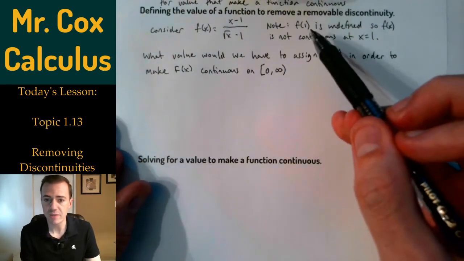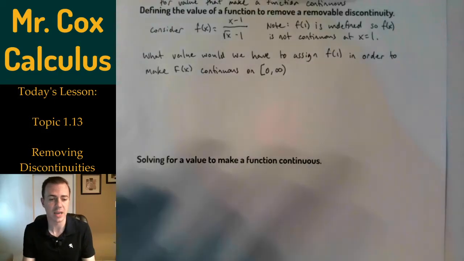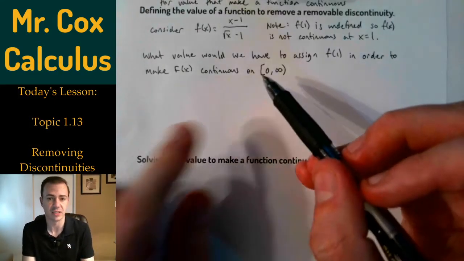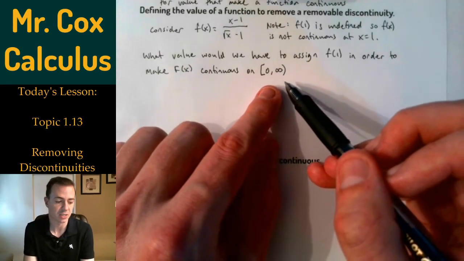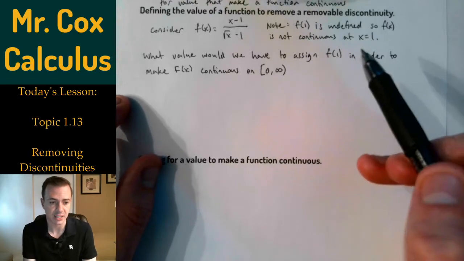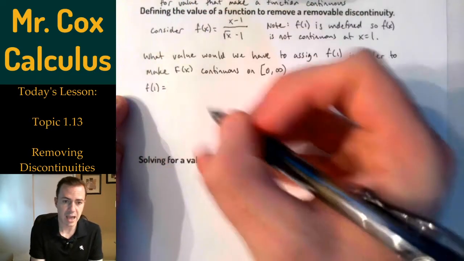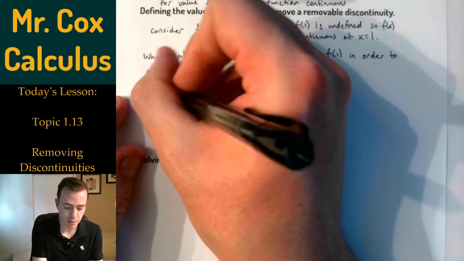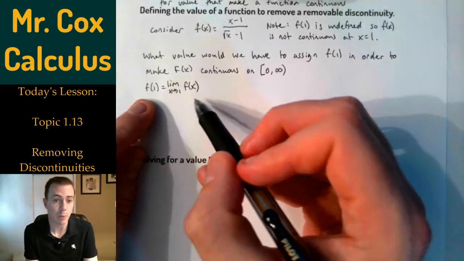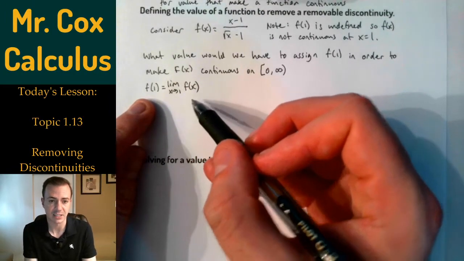So I know I've got this issue at 1, but maybe I could fashion this in a way using a piecewise function where I could define 1 very specifically and have a situation where I was continuous. Well, in order for it to be continuous at x equals 1, then f of 1 would have to equal the limit as x approaches 1 of f of x. That would have to be true in order for the function to be continuous at x equals 1.